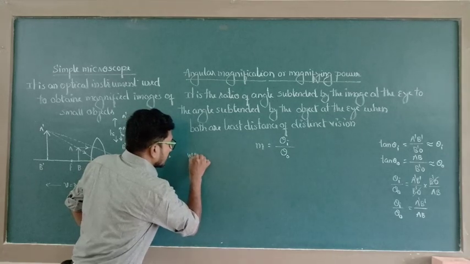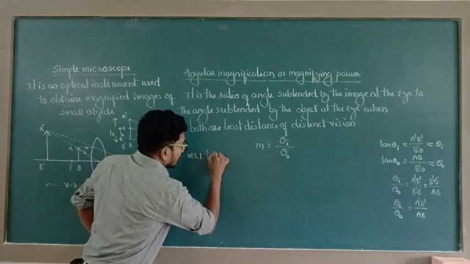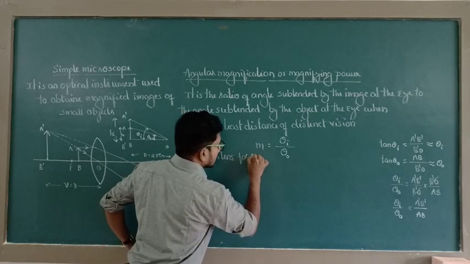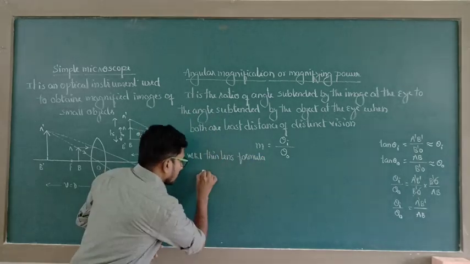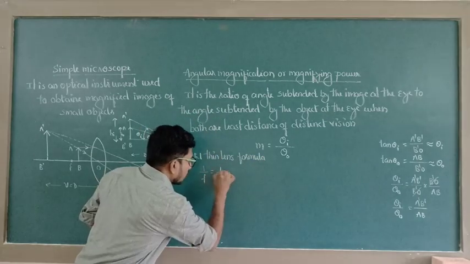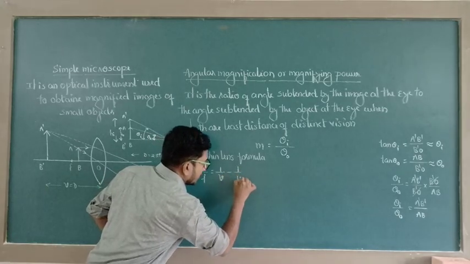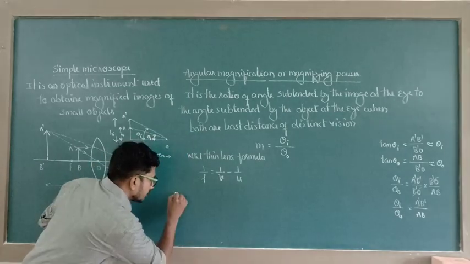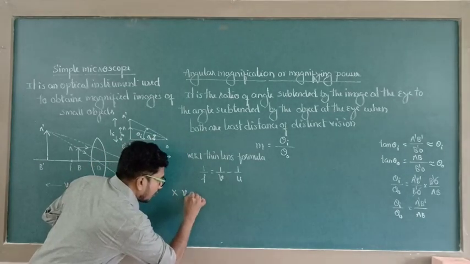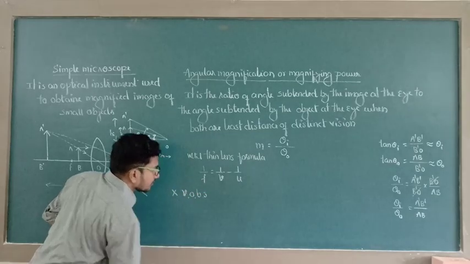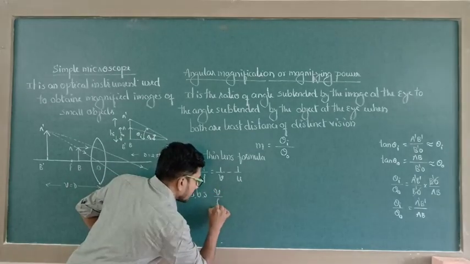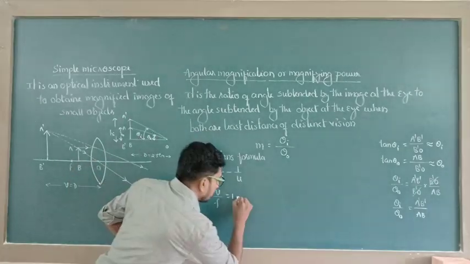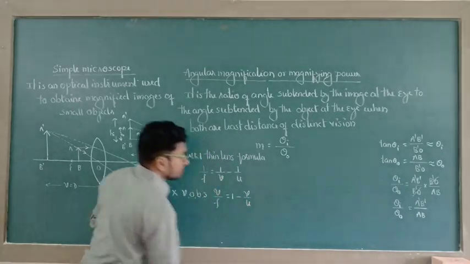We know that the thin lens formula is 1 by F is equal to 1 by V minus 1 by U. So multiplying V on both sides, V by F is equal to V by V, 1 minus V by U.